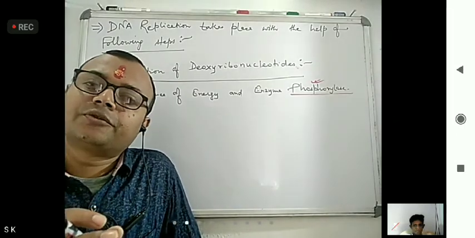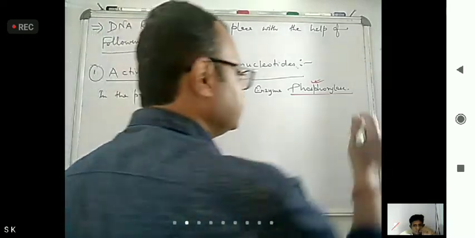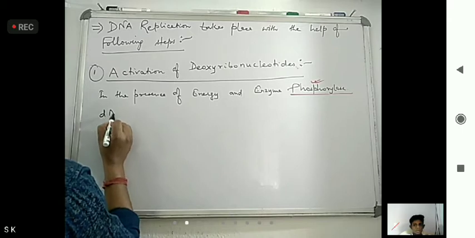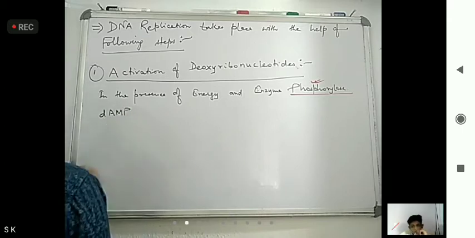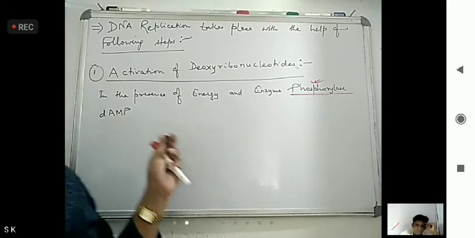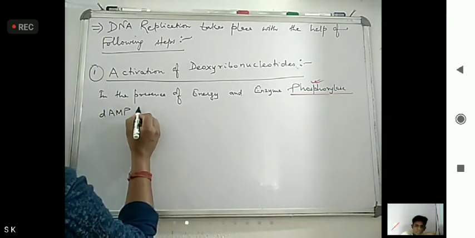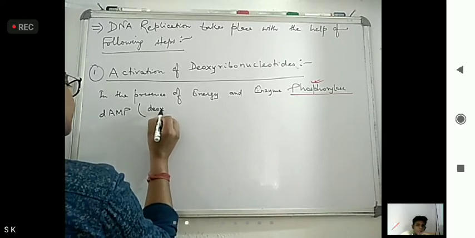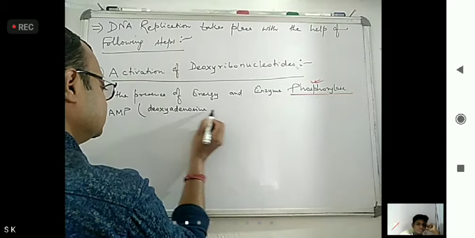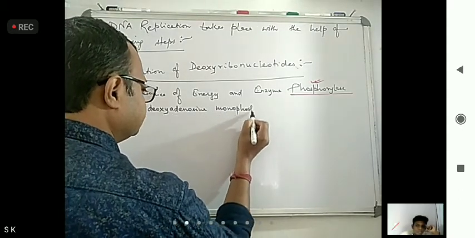Four types of nitrogenous bases are there. So dAMP. Now, what is the full form of dAMP? Deoxyadenosine monophosphate.